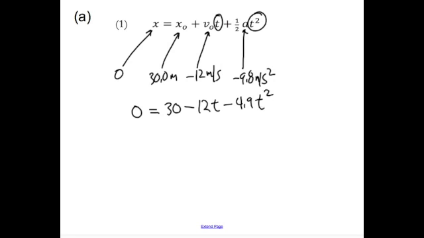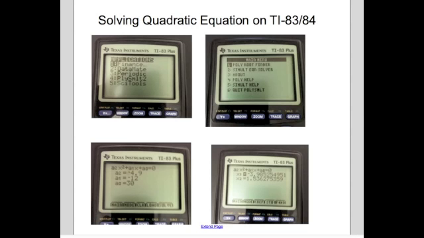Now what we have is a quadratic equation to solve, with our unknown being t. Now we could sit down and write down the quadratic equation and plug all the numbers in. However, we're lazy, so we're not going to do that. Instead, we're going to get our calculator out. And on our calculator, we should have on there somewhere this program right here.